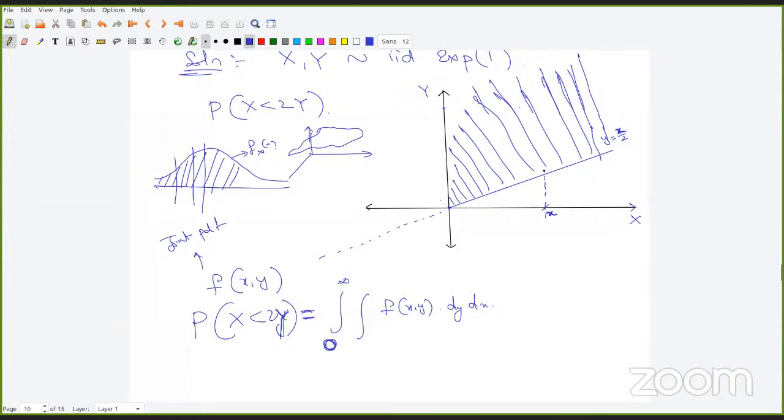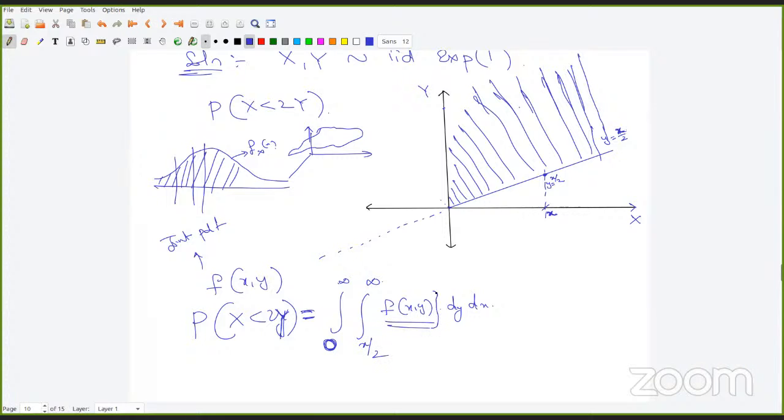What will be the limits of y? It will go up to infinity, we know. But where will y start? At x by 2. So in terms of the independent variable, y will run from x by 2 to infinity.